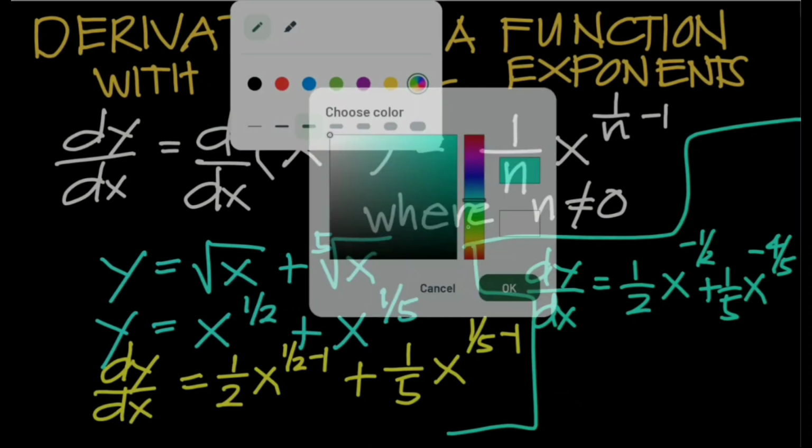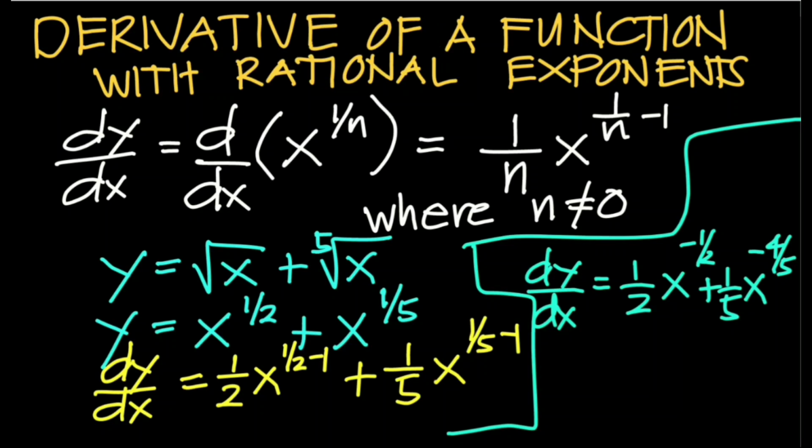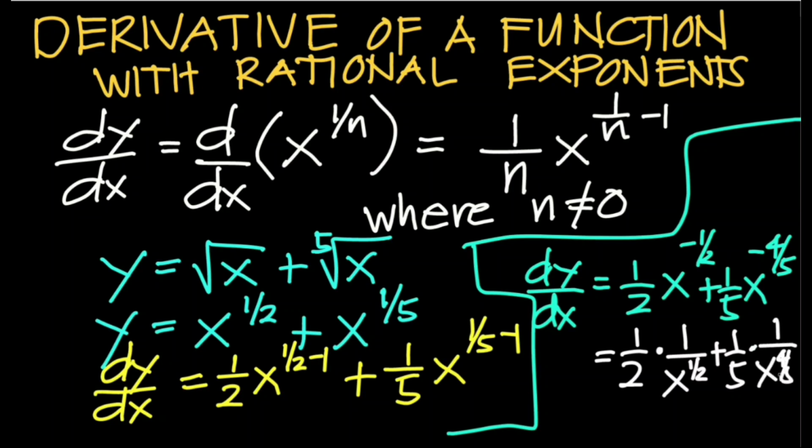And since we have a negative exponent here, we can write x to the negative 1/2 as 1 over x to the 1/2. So this would become 1/2 times 1 over x to the 1/2 plus 1/5. We can write x to the negative 4/5 as 1 over x to the 4/5.